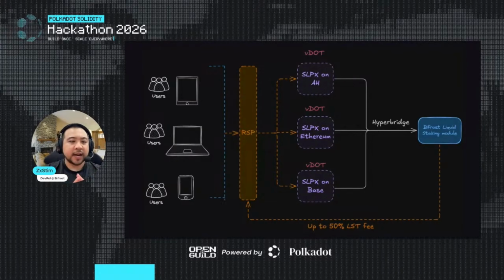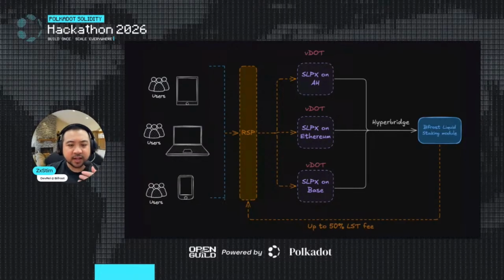this is what the whole SLPX protocol and the Bifrost staking module look like, with this ability to go cross-chain. So how does Bifrost interact with a bunch of different chains, for example Asset Hub, or Ethereum, Base, or Hydration, all these things?